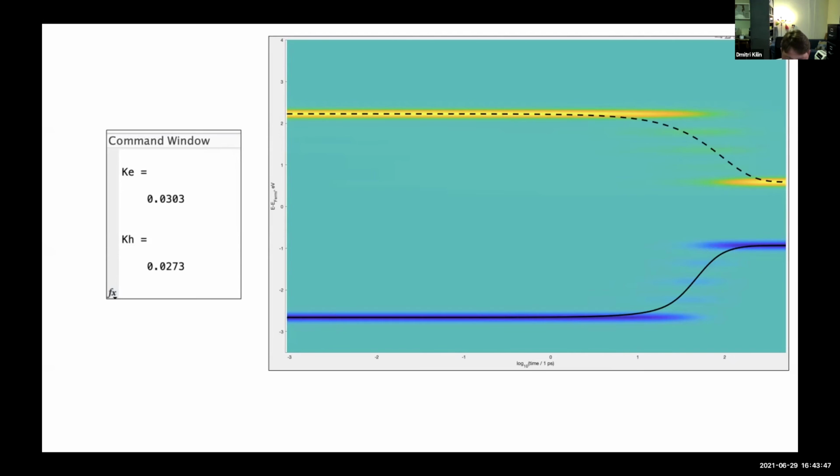In a narrow sense, the productive stage of calculation is to scan through all possible pairs of IE and IH and find out how the rates KE and KH depend on those pairs of excitations.